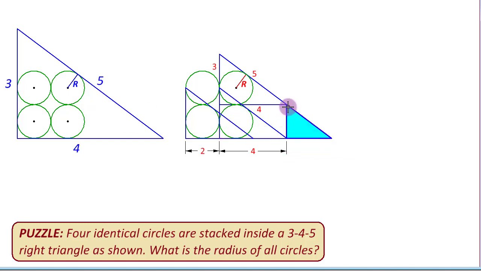So we have made this side become 2/3. So even this side, which was 4, will become 2/3 of 4, which is 8 upon 3. So I'll show that dimension here. So overall, this base will now become 2 plus 4 plus 8 by 3, which is 26/3.